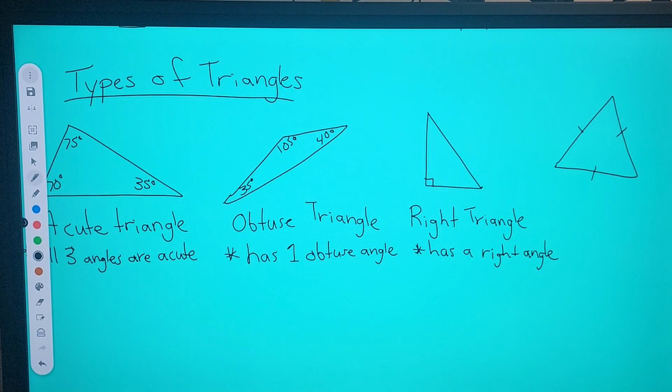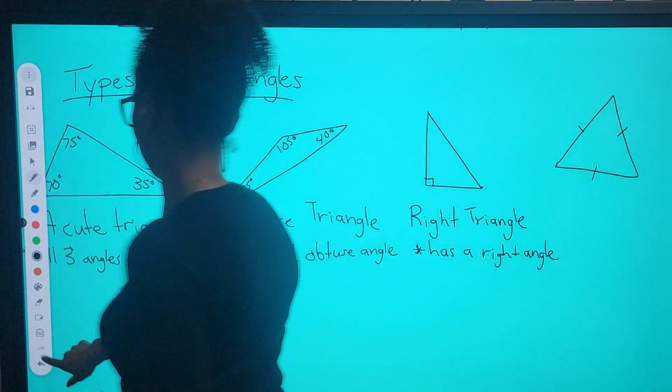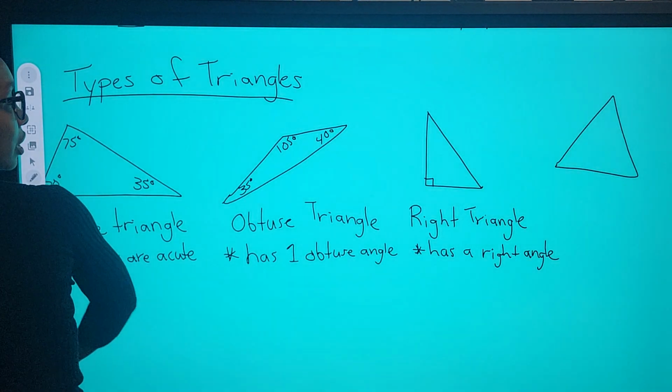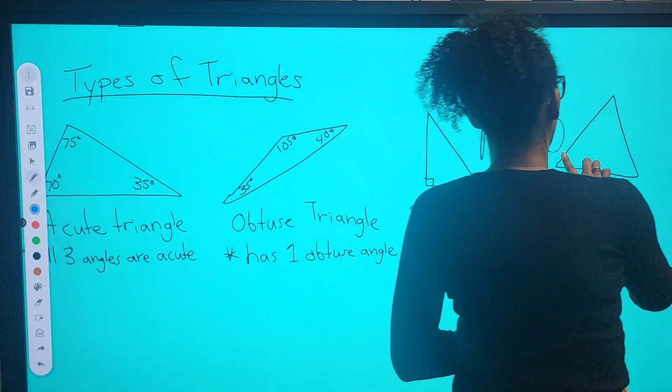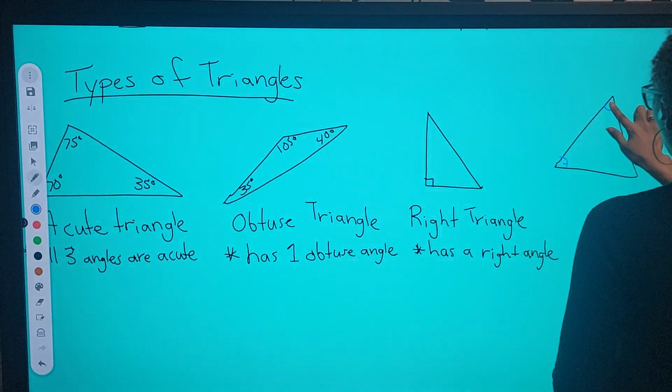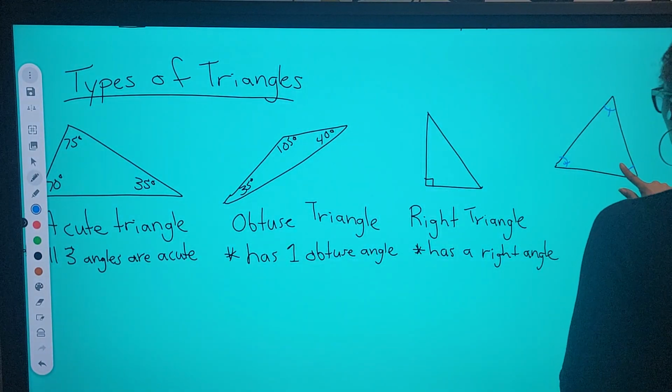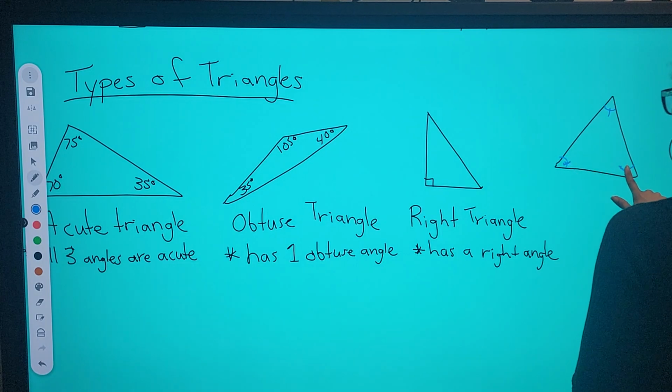Oh wait, I'm getting ahead of myself. They want us to focus on the angles for this one. And they've marked that each of these angles are equal. They each have one little hash mark on the angle.